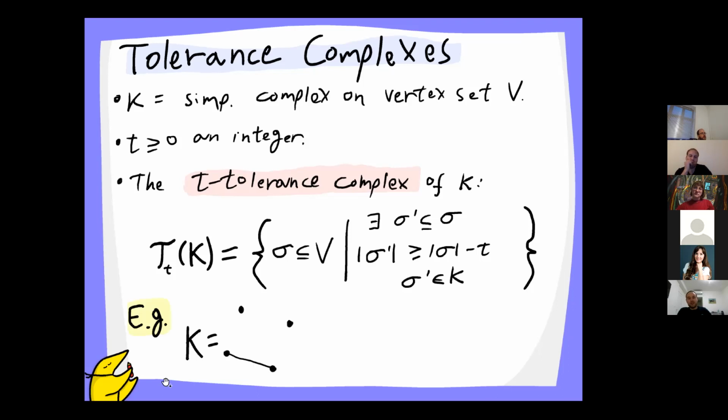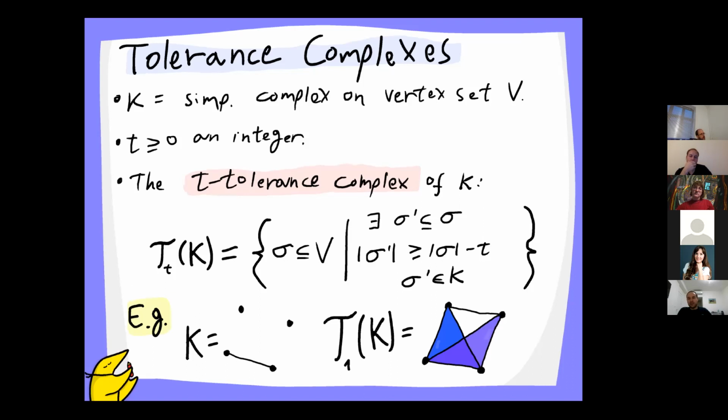Okay, for example, if K is this complex here, then the 1 tolerance complex looks like this. So all of the edges belong to the 1 tolerance complex, because in any edge we can remove one of its vertices, and then the remaining vertex is a simplex in K. And we also have these two triangles.